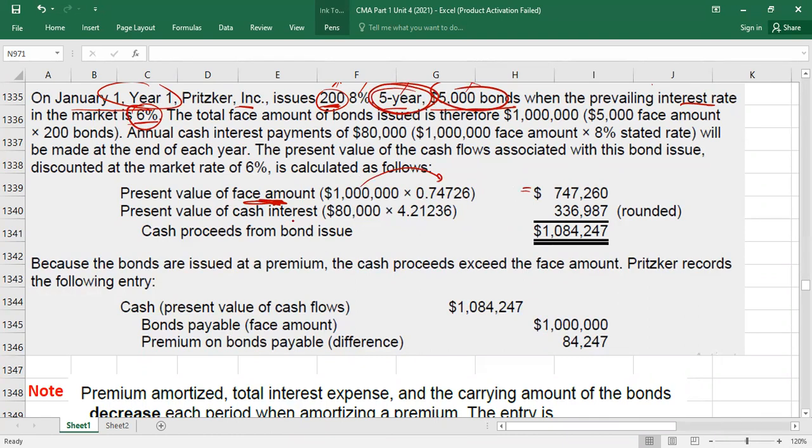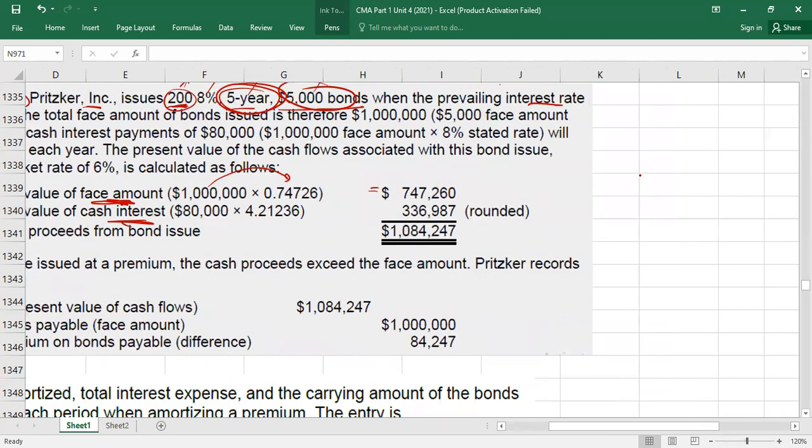Now you have to calculate the interest. How will you calculate? Take the number of bonds, multiply by face value per bond, multiply by the stated rate. Number of bonds is 200. Face value per bond is 5,000.